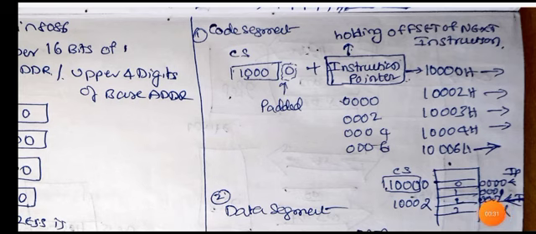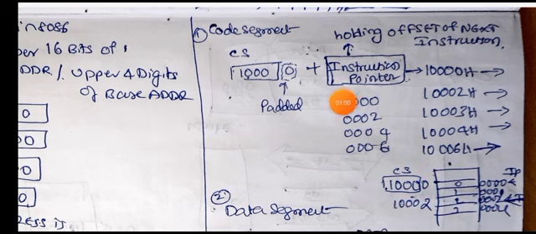First, the instruction pointer points to the offset address of the first instruction byte, IB0, that is 000. Only 1000 is stored in the CS register. To access the first instruction bytes IB0 and IB1, the microprocessor has to generate the 10,000 physical address, right?